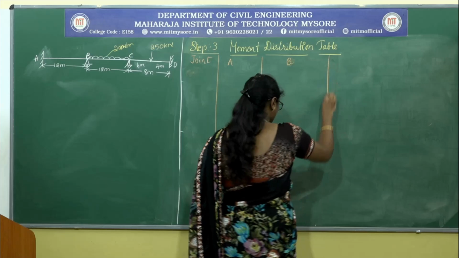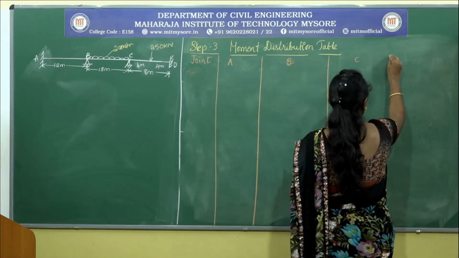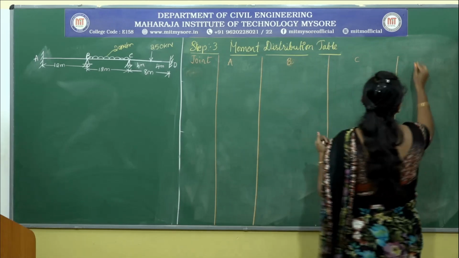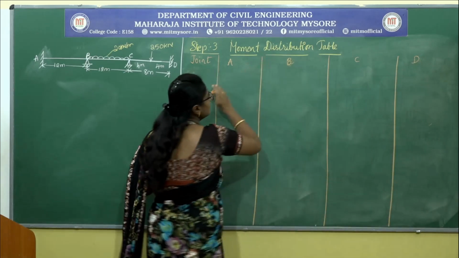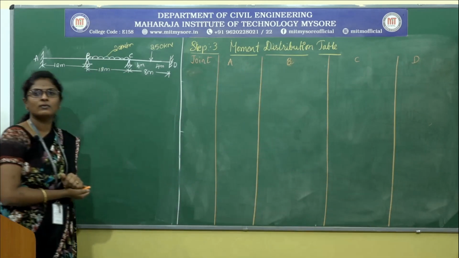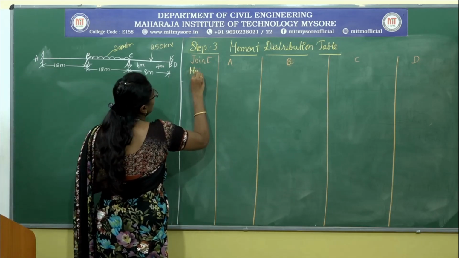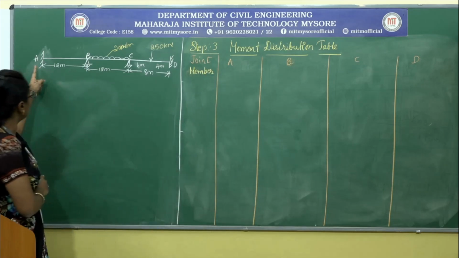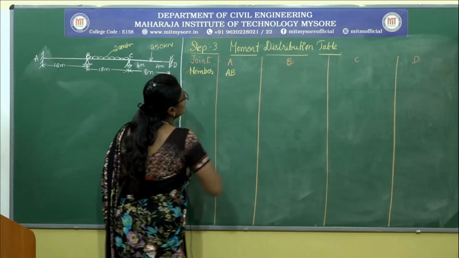B, C and D. So, these are the joints. The next is the members acting in each joint. So, for joint A we have only one member which is given by AB.